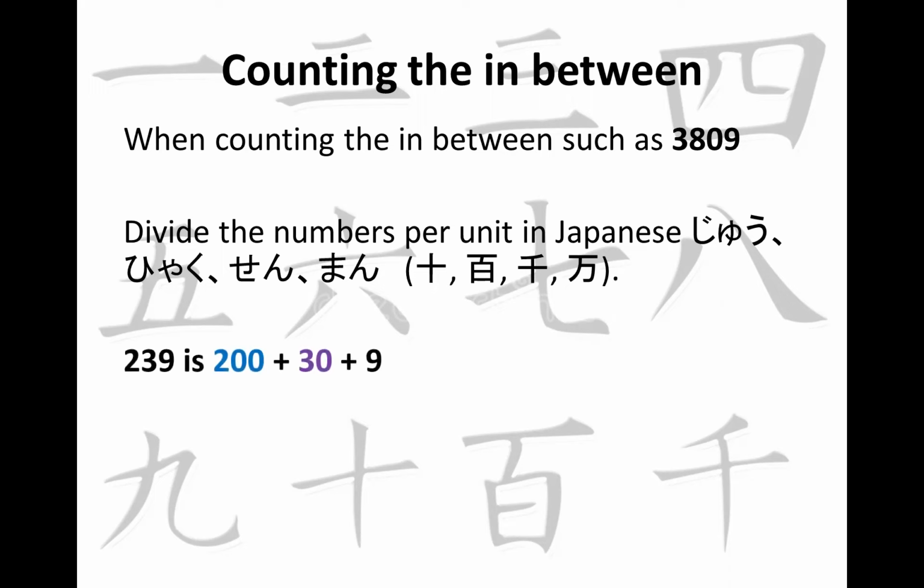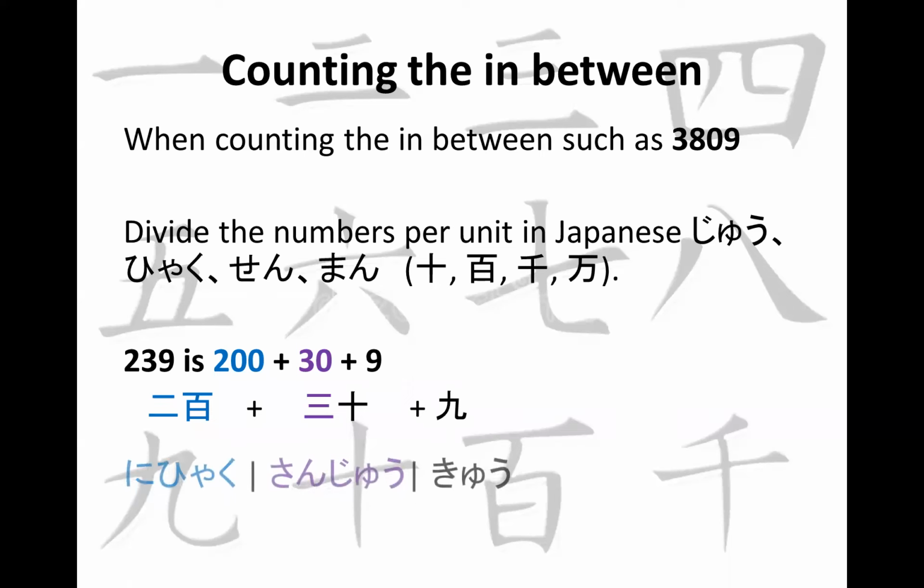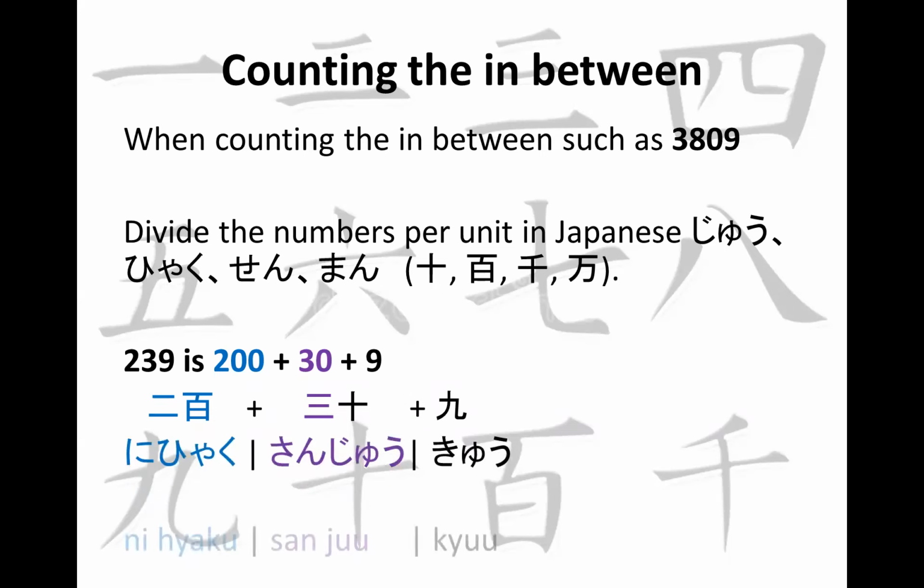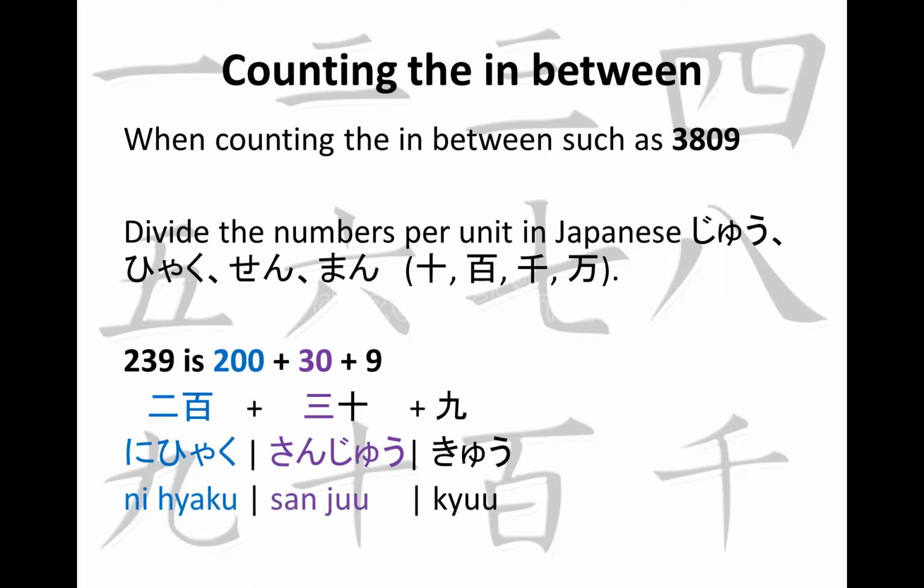So here's an example. For 239, that means we have 230 and the 9. This is how we read it. It's nihyaku sanju kyu.